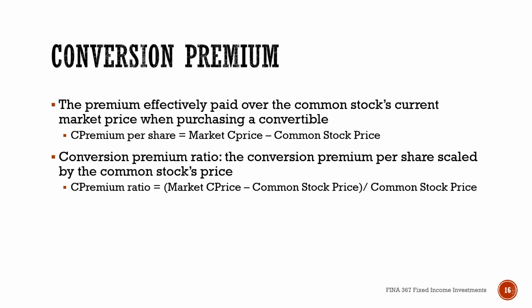This is the conversion price that uses the bond current market price as opposed to the bond par value. So this number is clearly very different from the initial conversion price that is typically reported at the time of issuance.